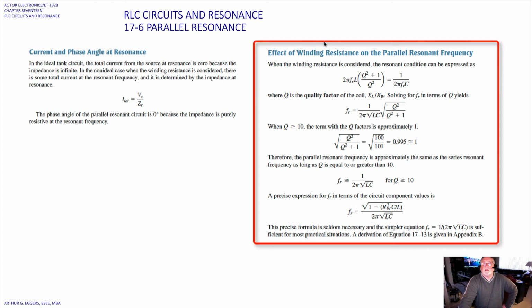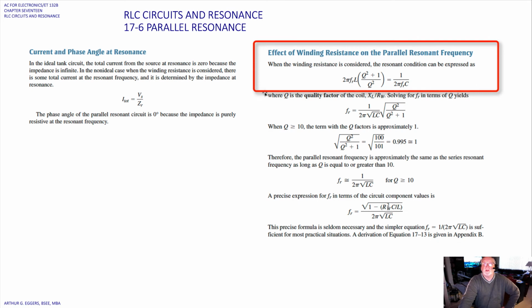So looking at bringing in the effects then of a winding resistance on a parallel resonant frequency, when the winding resistance is considered, the resonant condition is expressed as 2 pi, the resonant frequency, L, and something called the quality factor, the Q. Q squared plus 1 divided by Q squared, which gives us 1 over 2 pi f_R times the capacitor. So we're just establishing a relationship between the two.